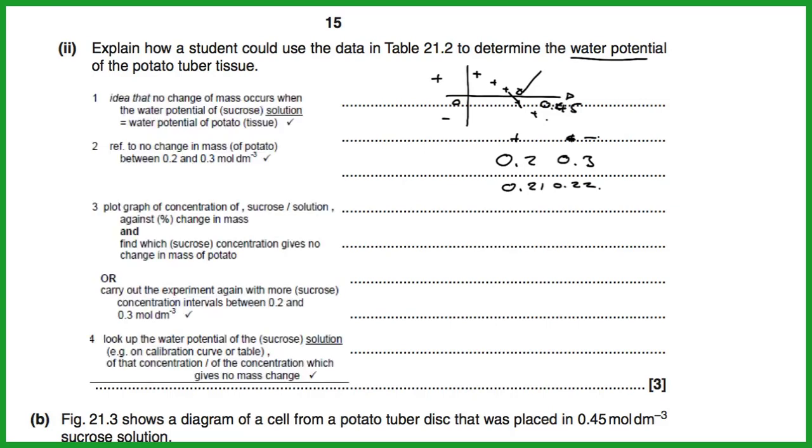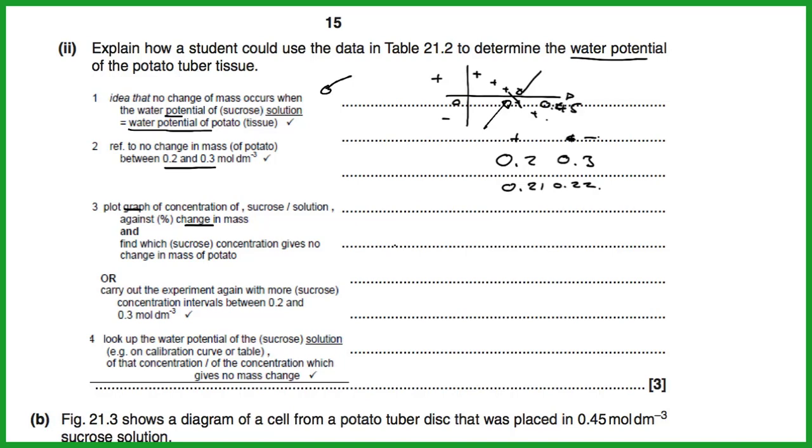So the answers that they were looking for here were, firstly, the idea that no change in mass occurs when the water potential of the sucrose solution equals the water potential of the potato tissue, that there's no change in mass between 0.2 and 0.3 moles per decimeter cube of sucrose, and that you could plot a graph of concentration against percentage change in mass and then look at the point at which there was no change in mass.